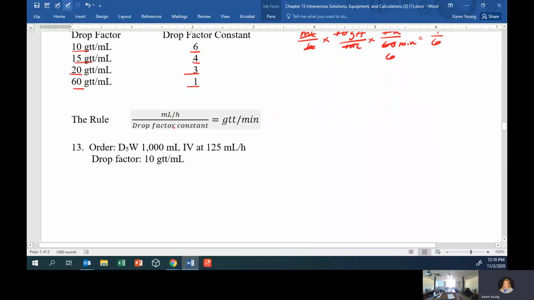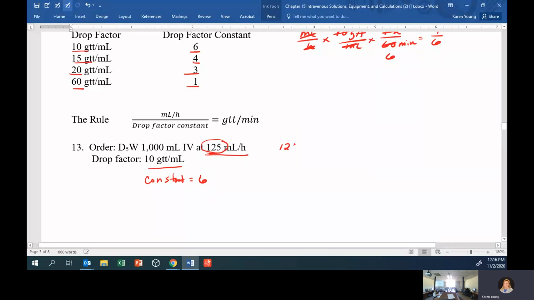So the rule we're going to use is whatever our milliliters per hour is over our drop factor constant. Now, I'm not going to use the units of milliliters per hour, I'm just using the number. And then I'm going to find my constant. My constant for 10 drops per milliliter is 6.